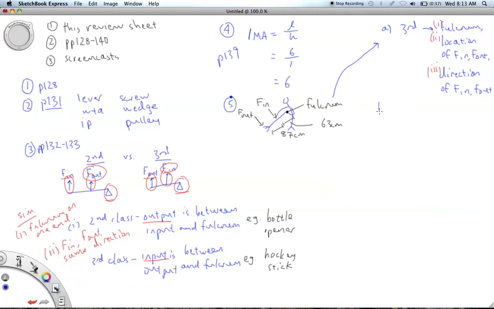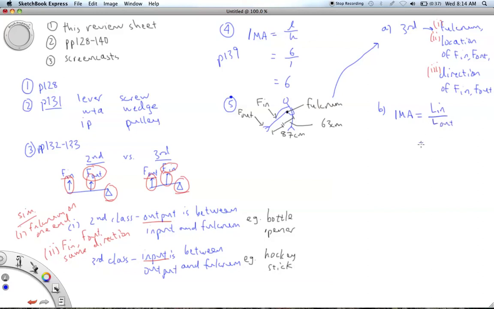Okay. Now let's get to part B. It says, what is the ideal mechanical advantage of the woman raking her lawn? Now this part is good. We only really have one formula for it, but we do have to do a little bit of thinking here. The formula is the IMA is equal to the length of the input arm over the length of the output arm.